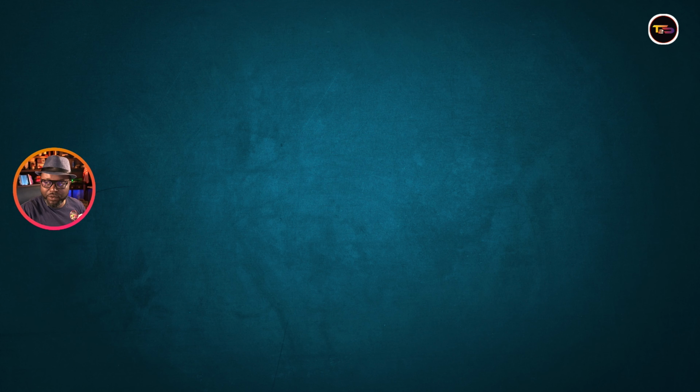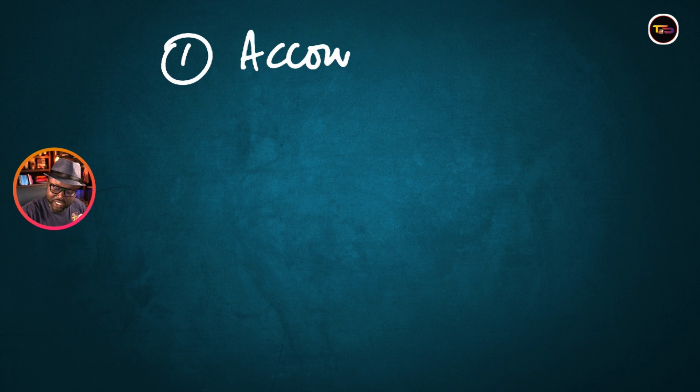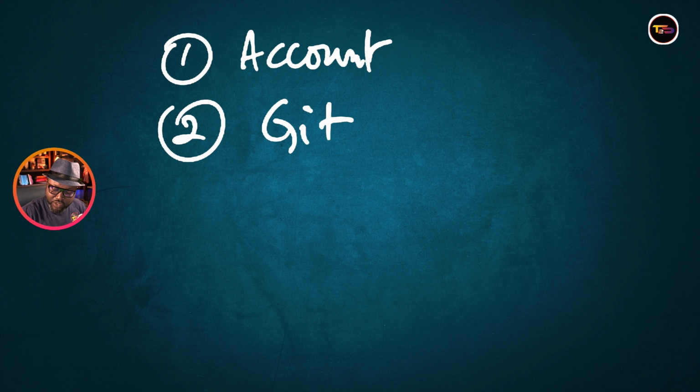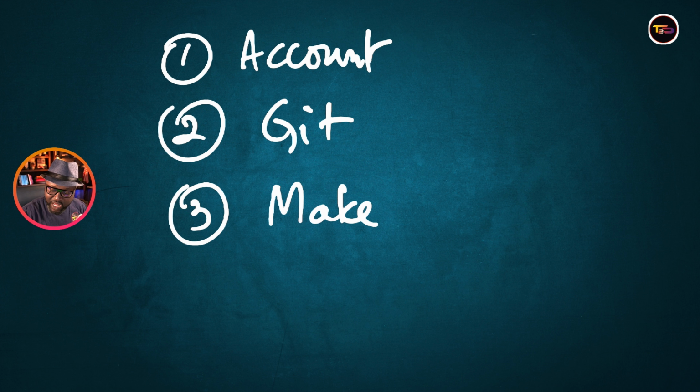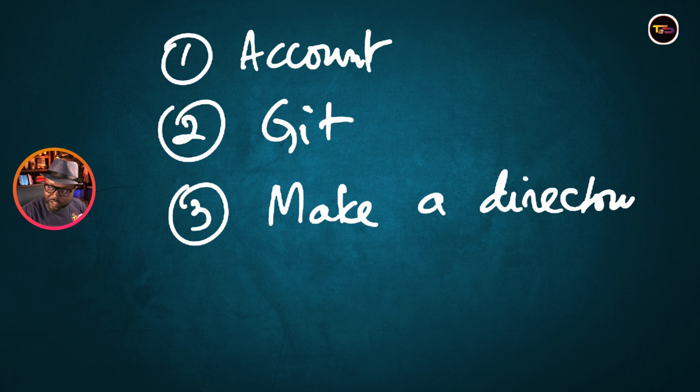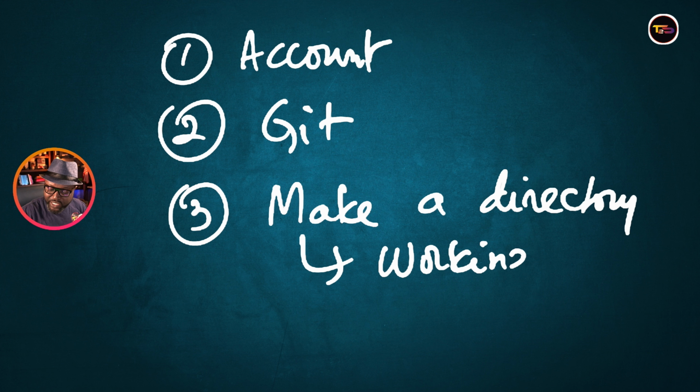Back to our drawing board, and that's what you need to do. As I said, number one, you have an account on GitHub. Number two, Git is installed. And number three, we're going to go to work now. So we're going to make a directory which will be our working directory.